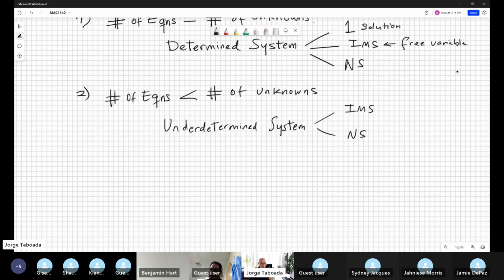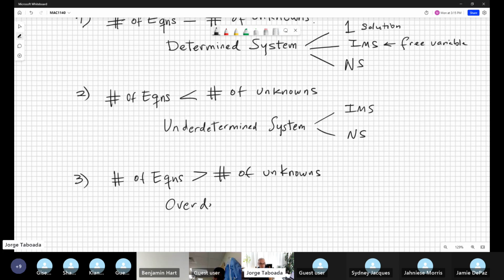Okay, and number 3, when you have a number of equations greater than the number of unknowns. It's called, by the way, overdetermined. This is because supposedly we have too much information.